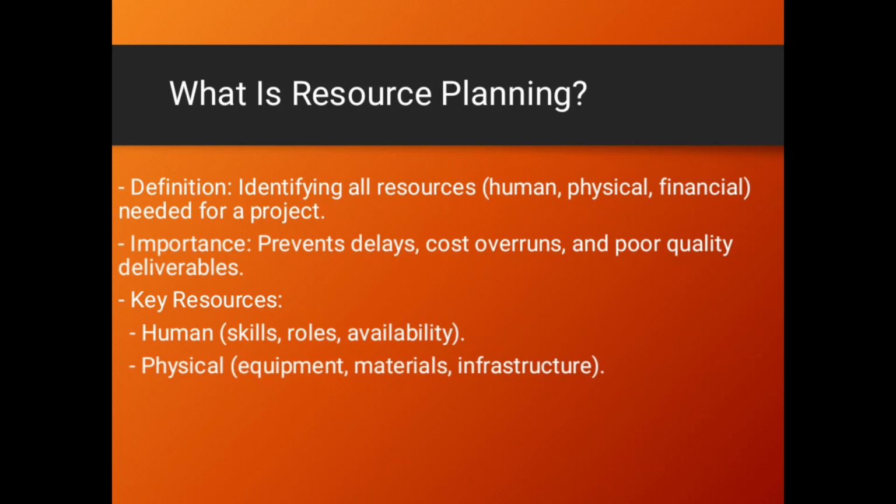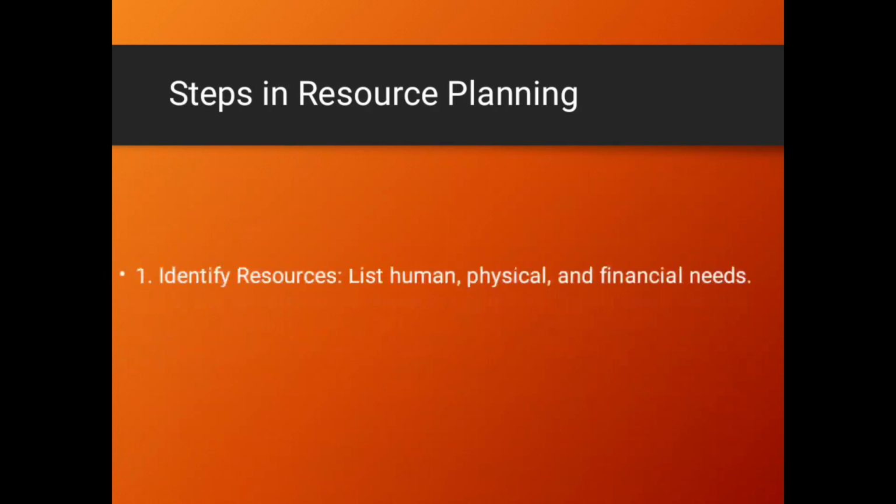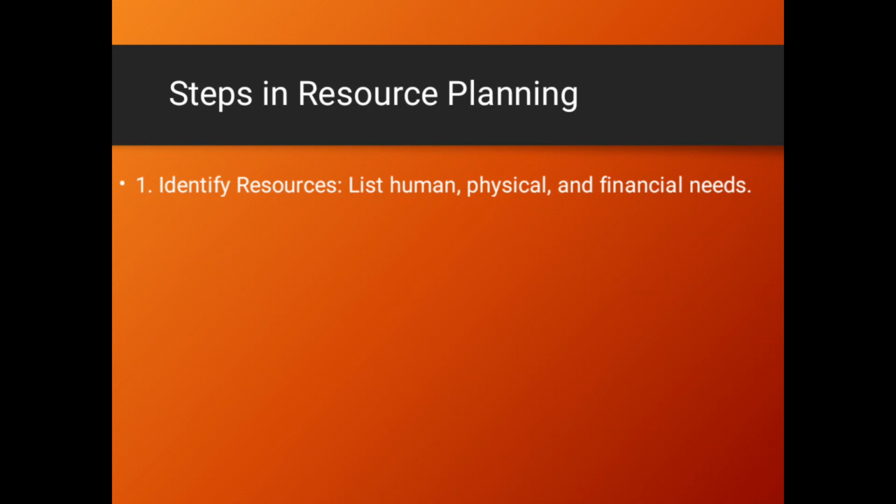Resources which are very key are as follows: human resources, physical resources, as well as financial resources. Steps in resource planning. Number one, you should be able to list all the human, physical, as well as financial needs of a particular project.